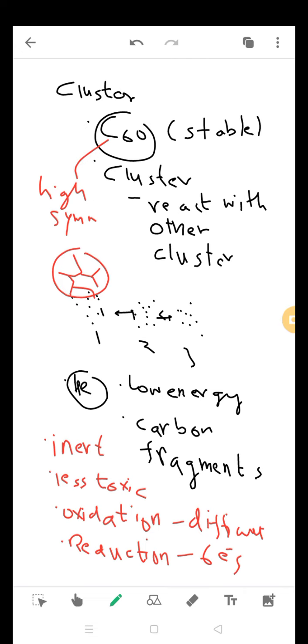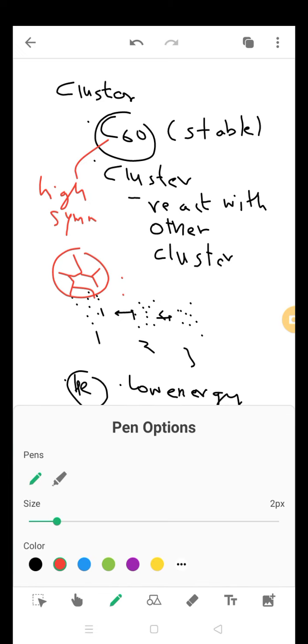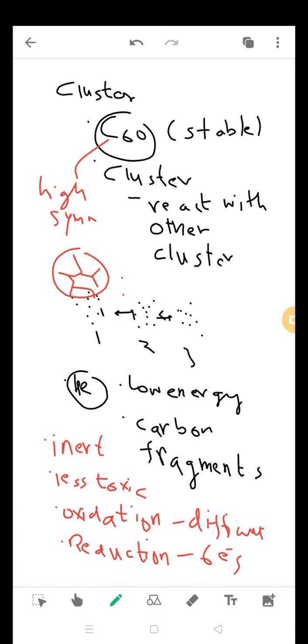And the surface not only consists of carbon hexagons, but there are also pentagons, that is formation of 5 carbons. If this is a hexagon formation, as we have seen in the graphene sheet, there is also formation of pentagons like this.